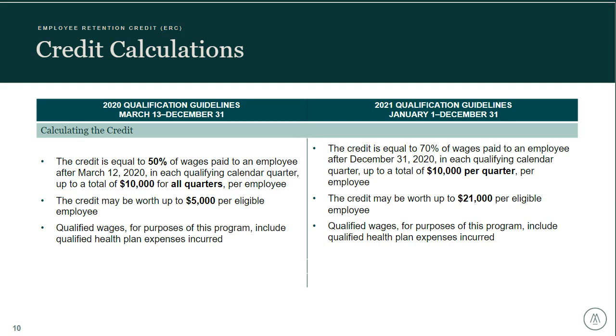And so that results in a maximum total credit of $5,000 per employee. And then in 2021, that was increased to a $10,000 limit per quarter, and the credit was increased to 70%. So that results in a total potential credit of $7,000 per employee per quarter, and for the 3 quarters, $21,000 per employee.